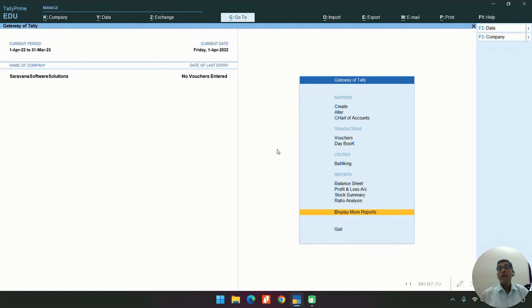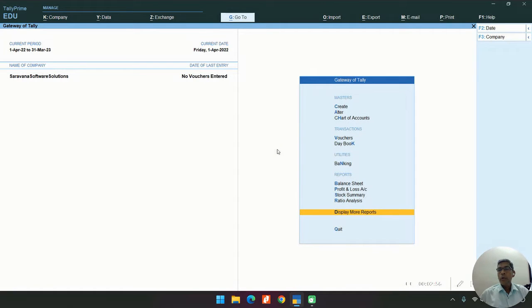You look at there are three subheadings under masters. The first one is create, the second is alter, the third is chart of accounts. I hope most of you are experienced with the existing Tally version.